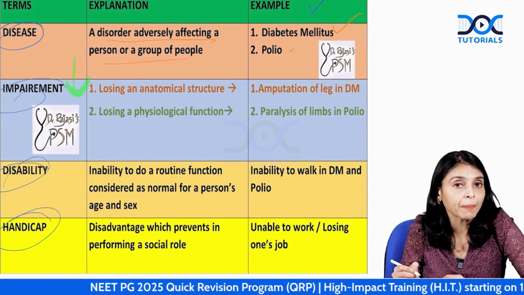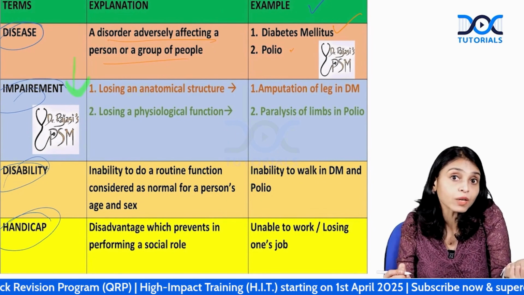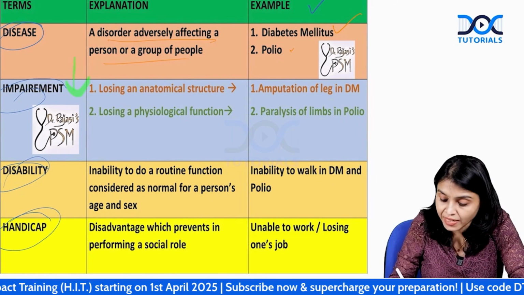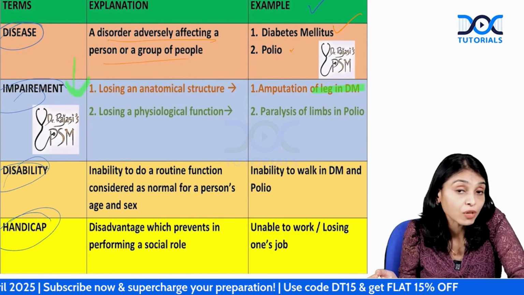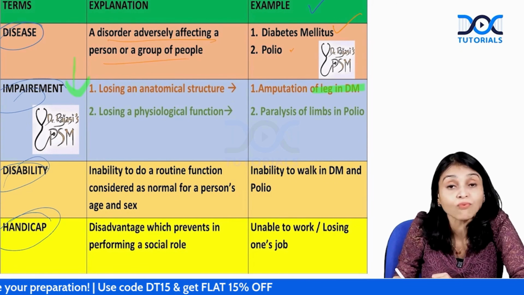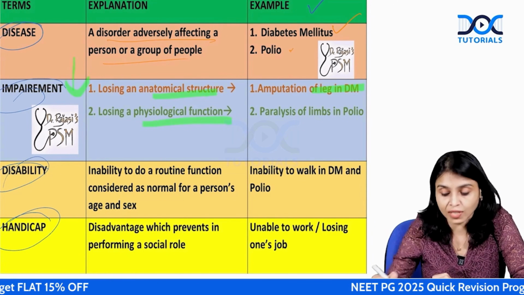Now, what do you mean by impairment? As an immediate case, the word impairment means losing something. That is impaired, right? Losing something. What? Either an anatomical structure, as in the case of diabetes mellitus, the patient is losing a limb, or a physiological function, as in the case of polio, the patient is not losing a limb, but is losing its function. Okay, so either an anatomical structure or a physiological function.